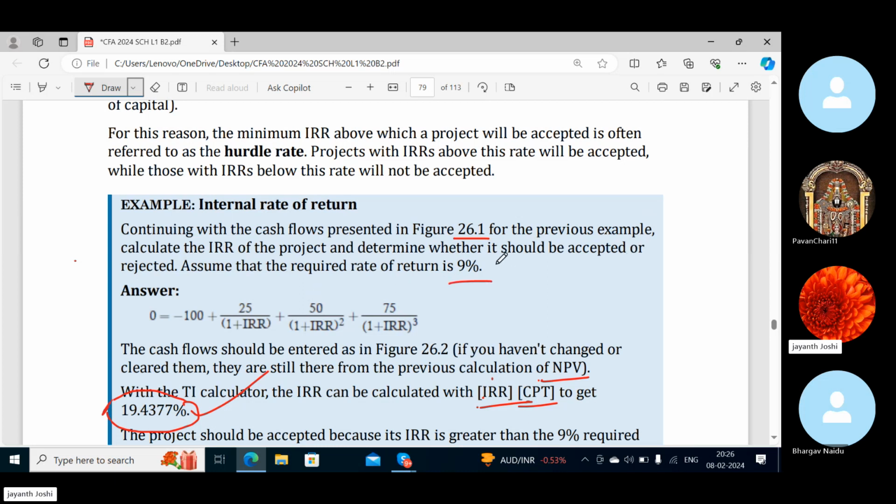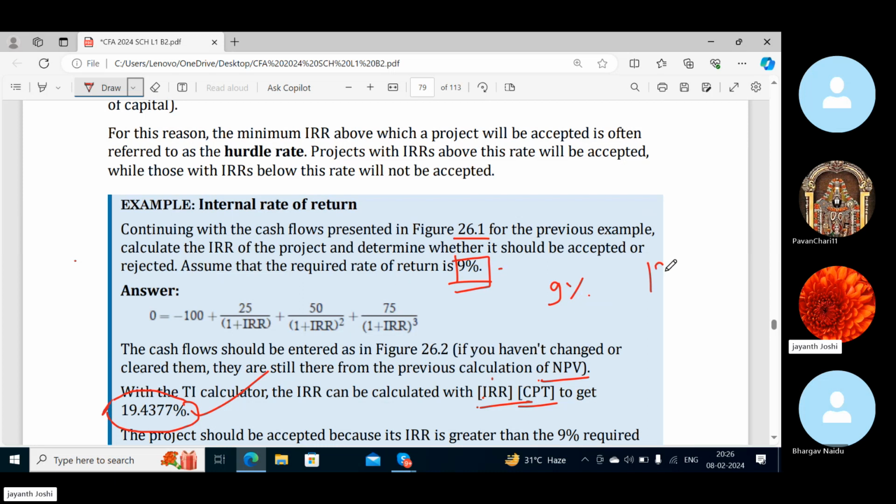Assume the required rate of return is 9%, right? So now your hurdle rate is 9%, correct? That is the required rate of return you have. So the IRR above which a project will be accepted is often referred to as hurdle rate. Projects with IRRs above this rate will be accepted.